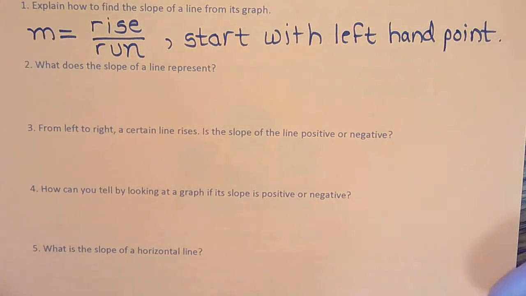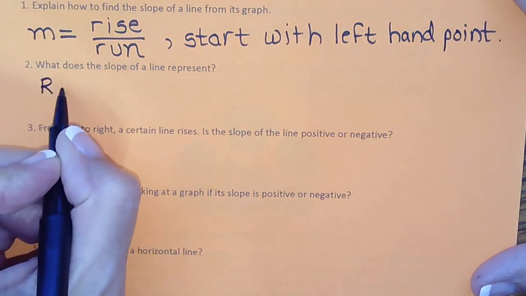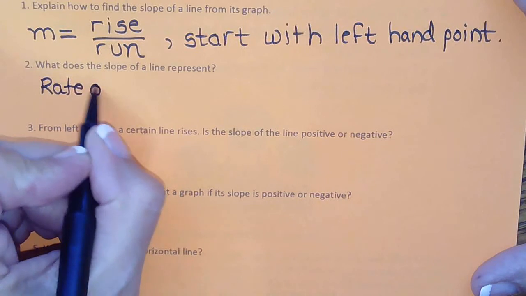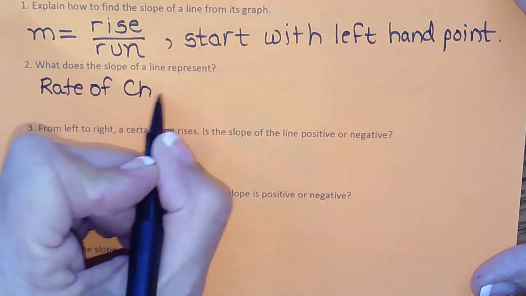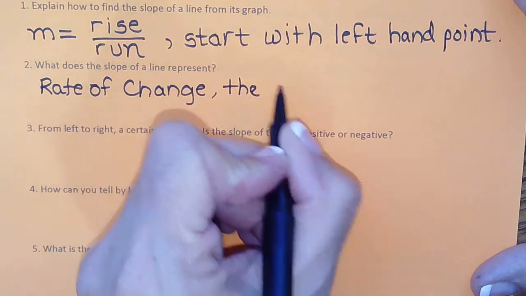What does the slope of the line represent? Wow, we know a lot of things. Rate of change. The steepness of the line.